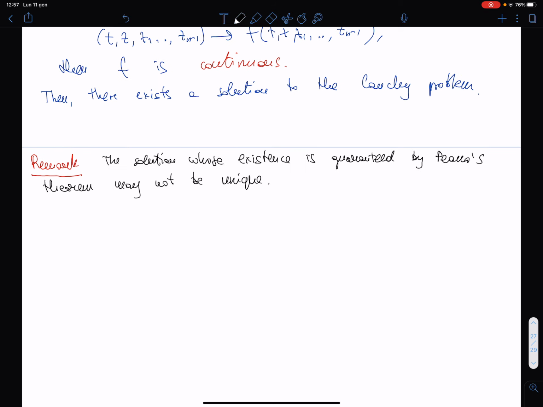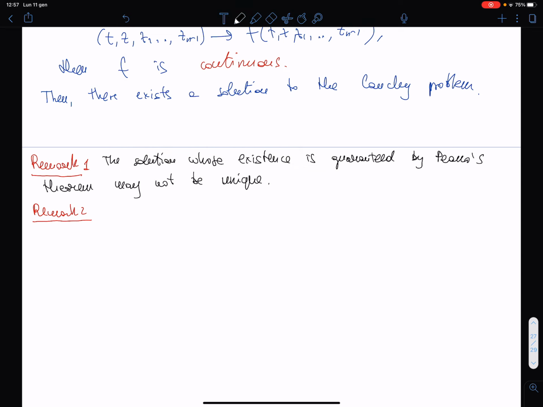The second remark has to be stressed. I did not stress it enough when we studied the theorem of existence and uniqueness.